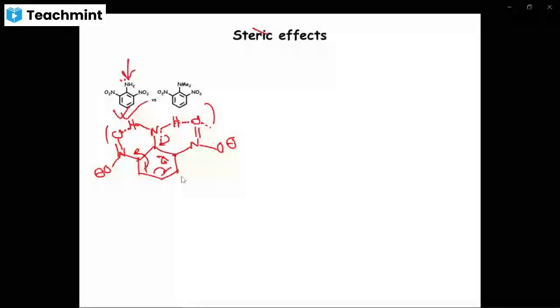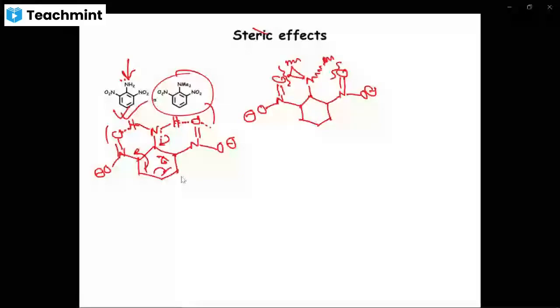Whereas for this one, you can see, because you have a methyl group present, it will create a steric hindrance, and now the nitrogen lone pair is actually perpendicular with respect to the ring. Sorry, not like this.